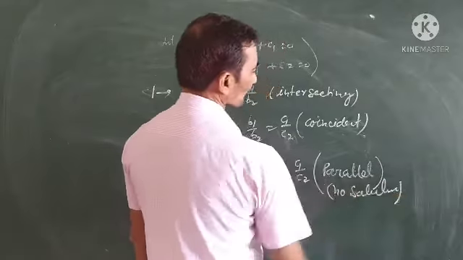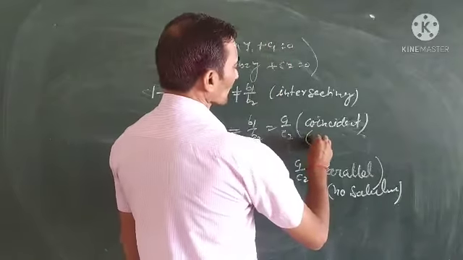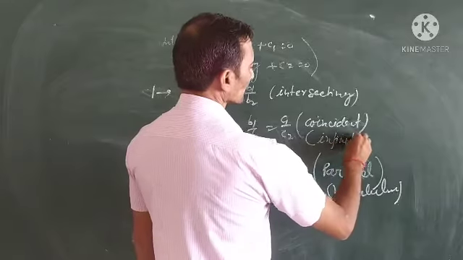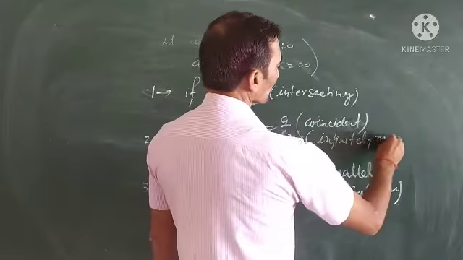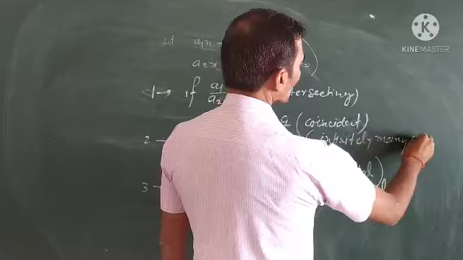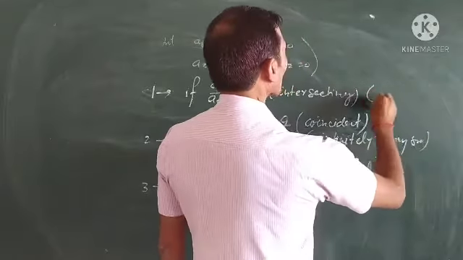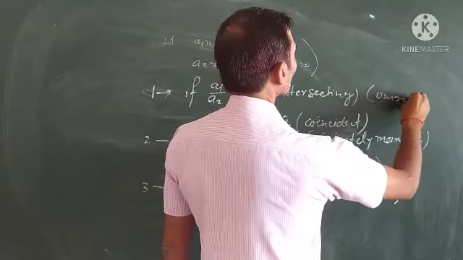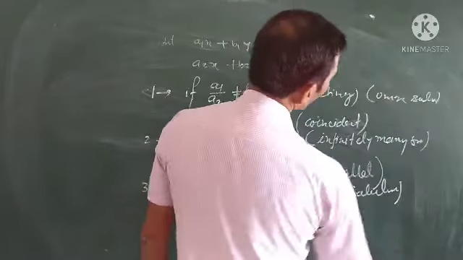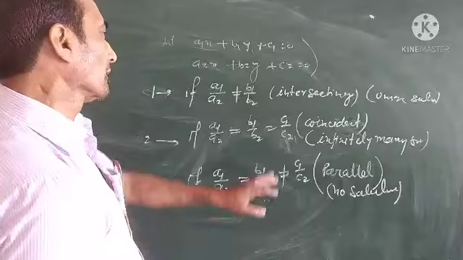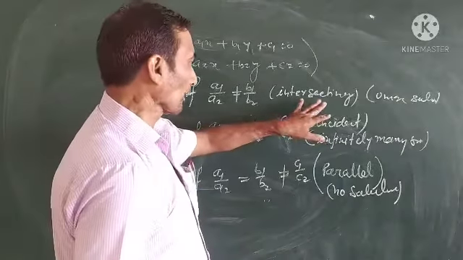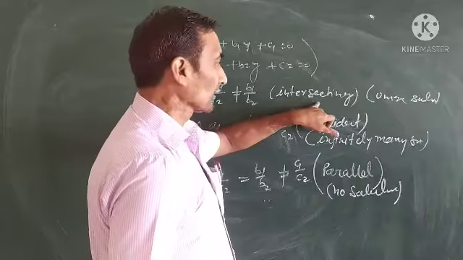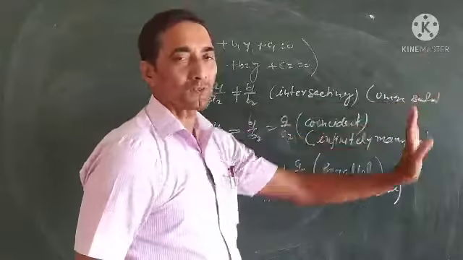In this condition, infinitely many solutions. In this condition, unique solution. You can see, if your representing graph lines are intersecting, then in that condition we will get the unique solution.